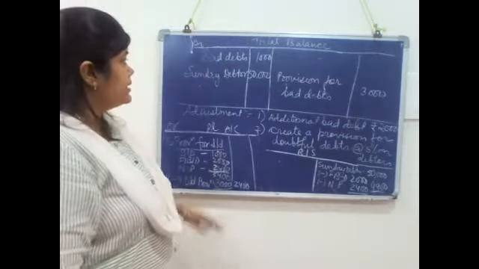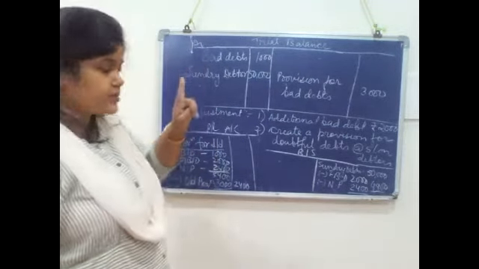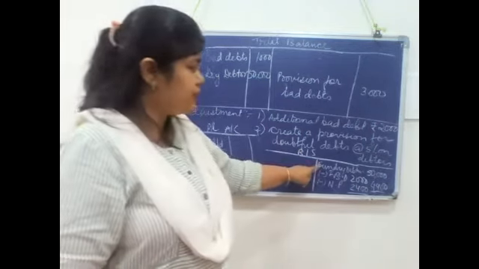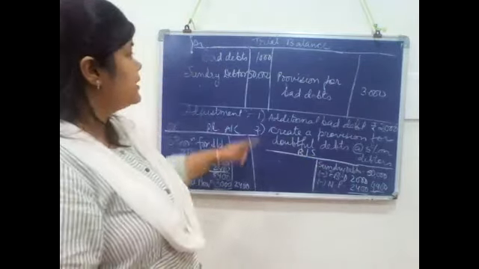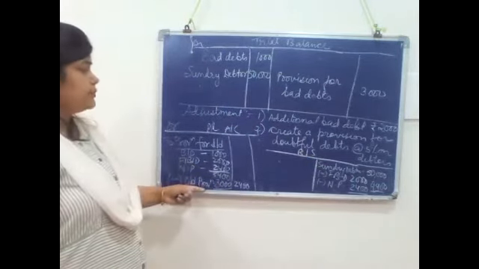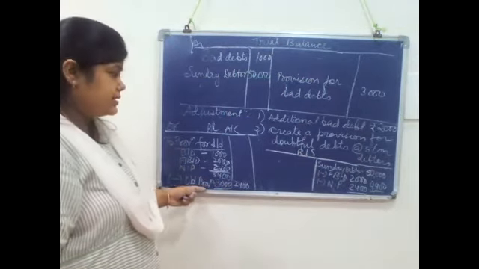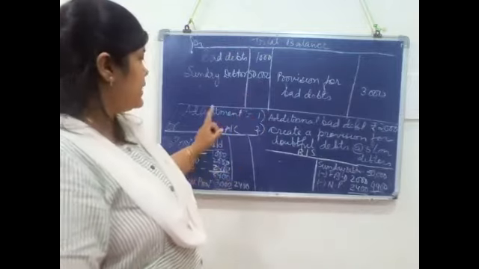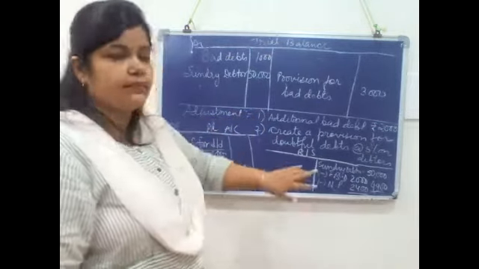Regarding bad debts, it has come only once, in the profit and loss account debit side. Sundry debtors has come only once in the balance sheet asset side. Provision for bad debts 3000 has appeared only once in the profit and loss account debit side as a deduction. So the rest of these three items have got one single impact and these two items have got double impact.